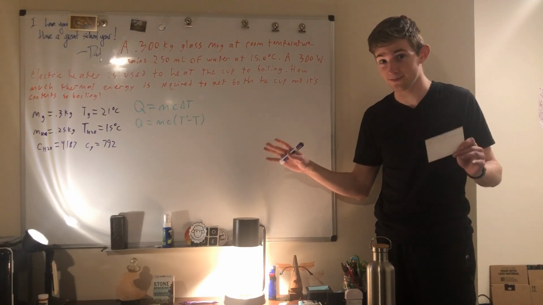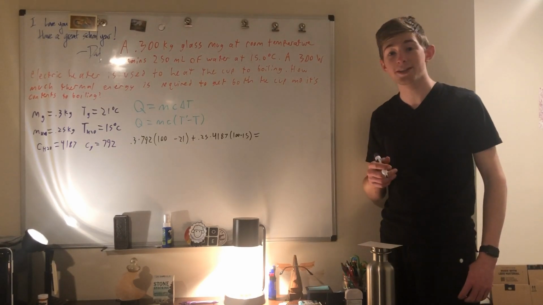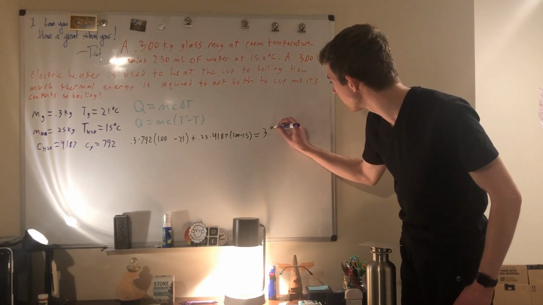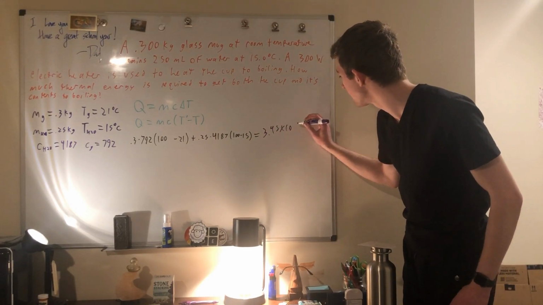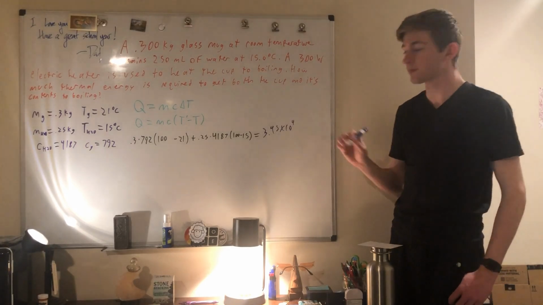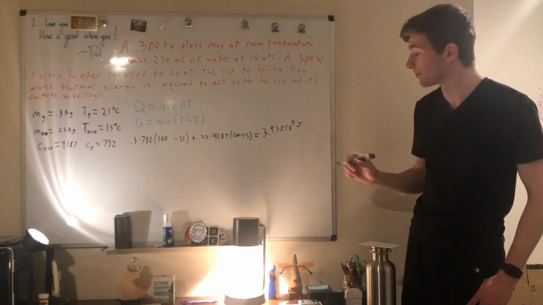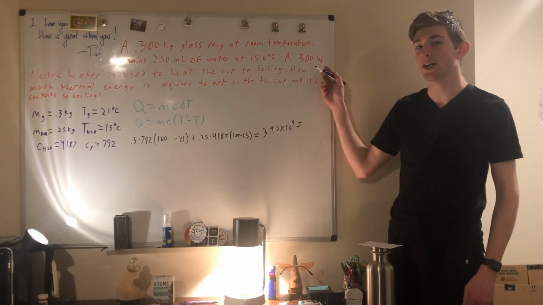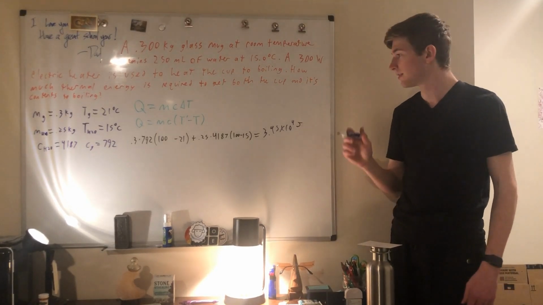Just the water. So let's do that. So plugging it into our equation, we find that the answer ends up being 3.45 times 10 to the power of 4 joules. I forgot the J in there. Right, which for reference would take about 2 minutes for this 300 watt heater to heat up, right?